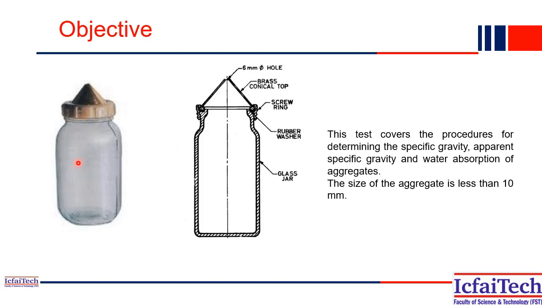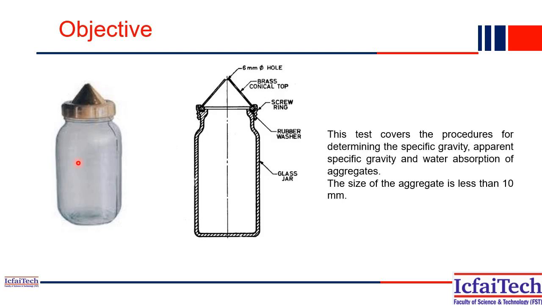Even sand comes under aggregate. We normally use sand in construction, and concrete is made up of sand, cement, aggregate, and water. We mix these four ingredients together to make the concrete paste. Sand is called fine aggregate.